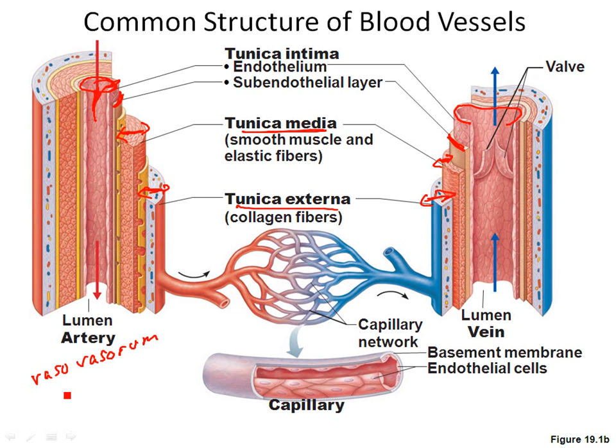And that literally translates out to be vessels of the vessels. So they have to have their own blood vessels to supply that outer tunica adventitia or externa, and then they sometimes go down into the tunica media if it's a really large vessel. So just know that vasa vasorum is found in the larger blood vessels, and that's its own blood vessel supply.